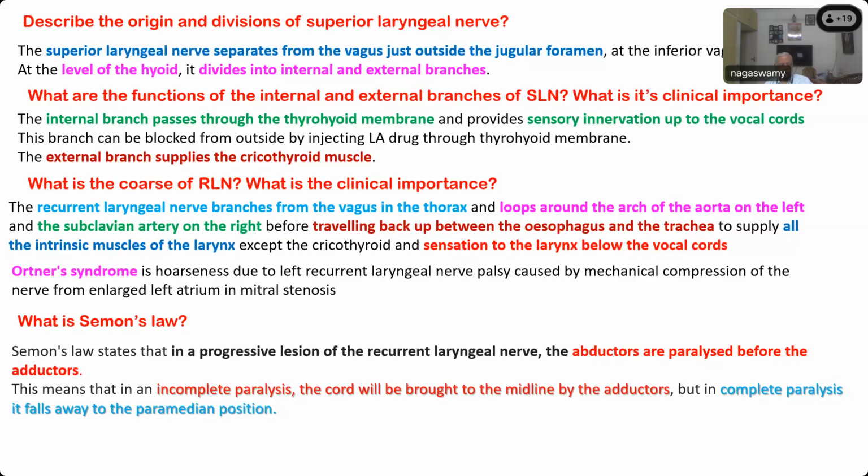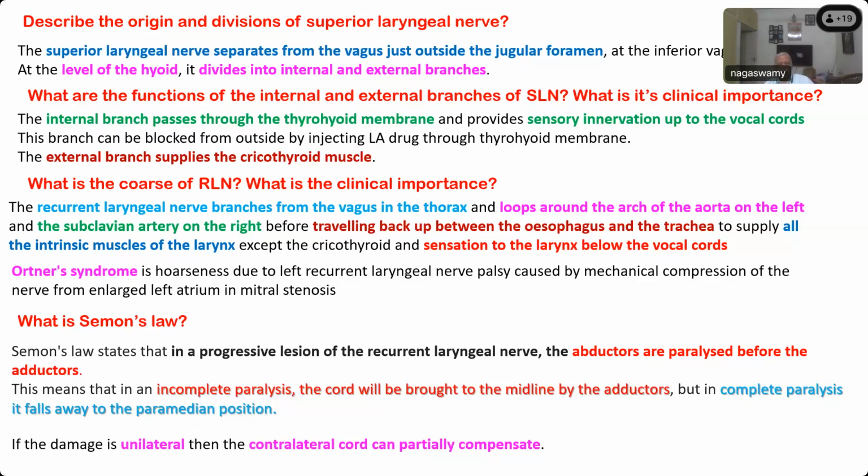So this question is very commonly asked in the examination. You must say incomplete paralysis of both recurrent laryngeal nerves is a dangerous condition. If the damage is unilateral, then the contralateral cord can partially compensate. So it is very difficult to identify when there is only a unilateral injury.